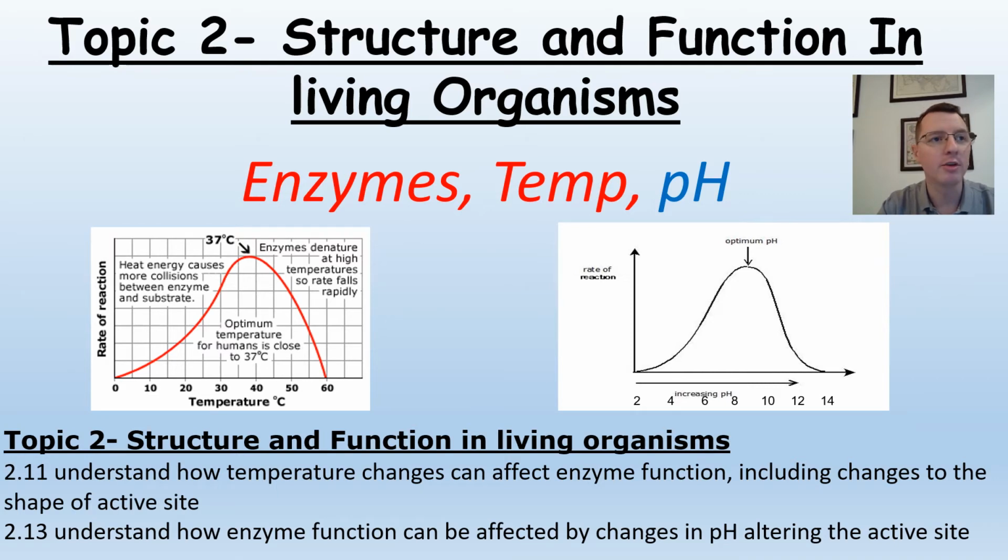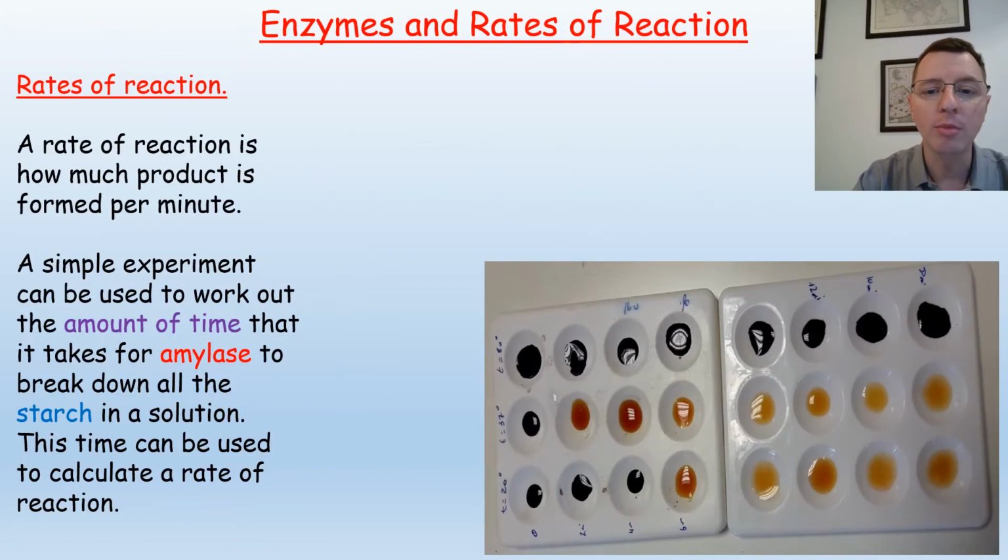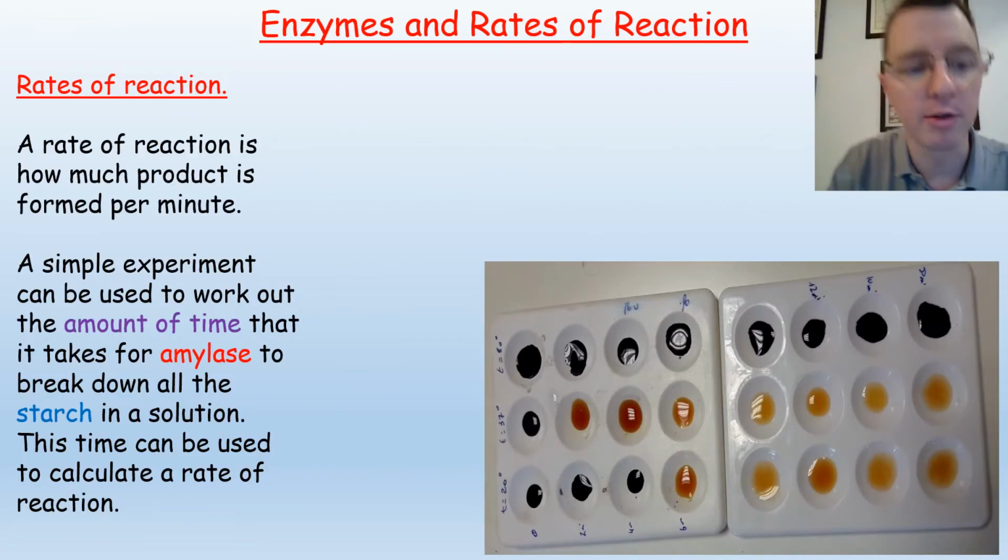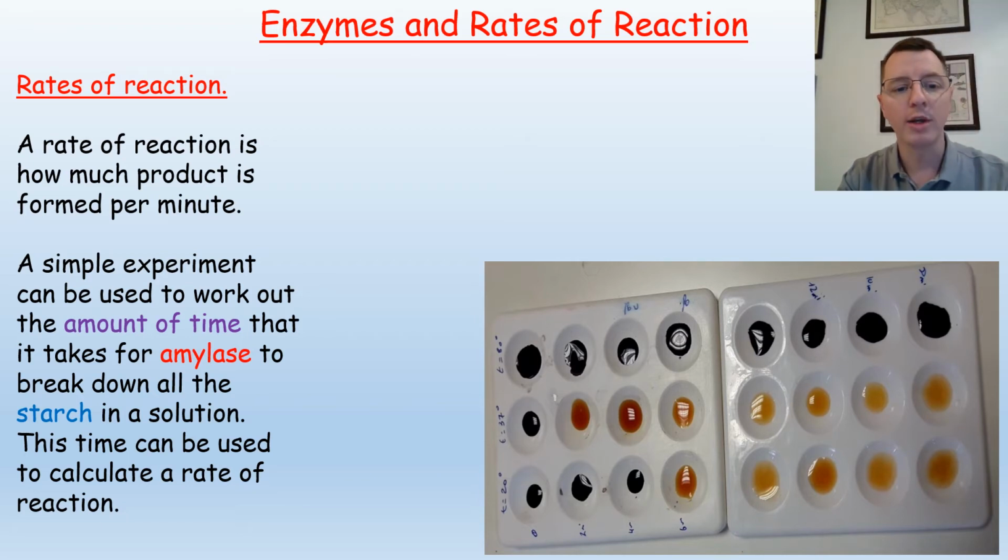So the next thing we need to consider are rates of reaction with enzyme controlled reactions, and in particular, how does temperature and pH affect the rate of an enzyme controlled reaction. You may well have done an experiment very similar to this in the classroom, where you take a test tube of starch solution and you add to it some amylase.